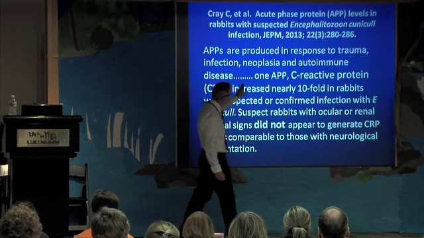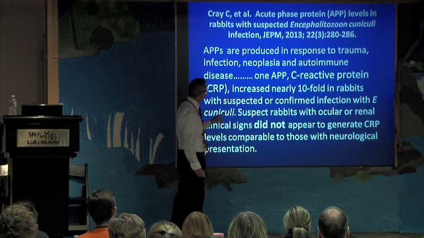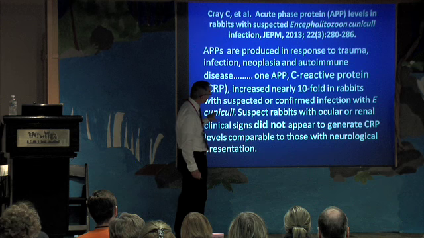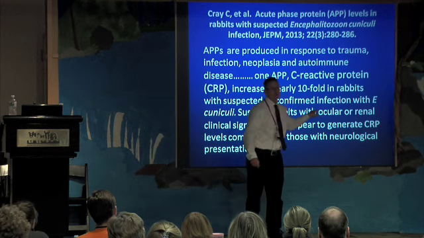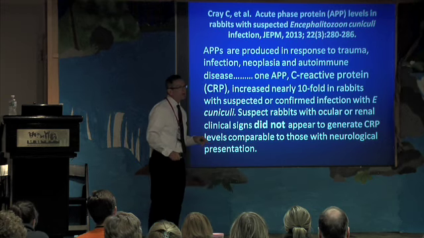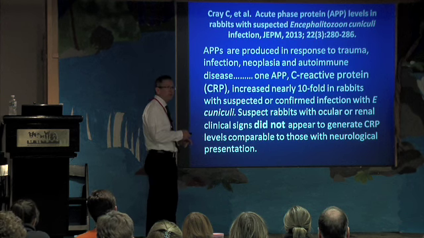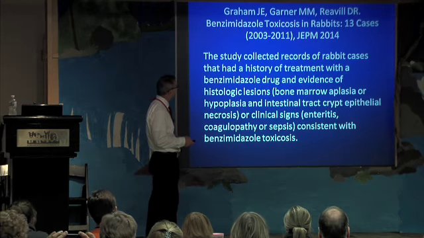One particular APP, the C-reactive protein she looked at, increased nearly 10-fold in rabbits with suspected or confirmed infection with E. cuniculi. Now, she did find out that that was neurologic E. cuniculi only. It didn't really fit or follow with ocular disease, so it's not a universal statement. But if you have a rabbit with suspected neurologic E. cuniculi, maybe the University of Miami lab could help you make a more definitive diagnosis.